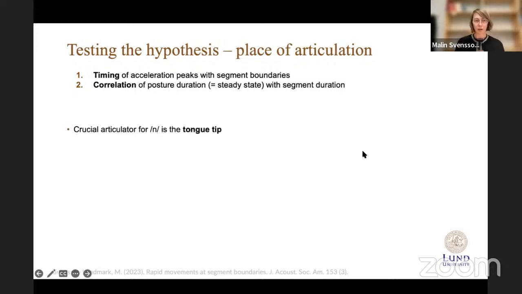So we know that the crucial articulator for N is the tongue tip. And so now here are 4 target words where either the tongue tip is a crucial articulator or the lips are a crucial articulator. These target words have been put in a sentence for speakers to read with a leading question so that these words are already given information.